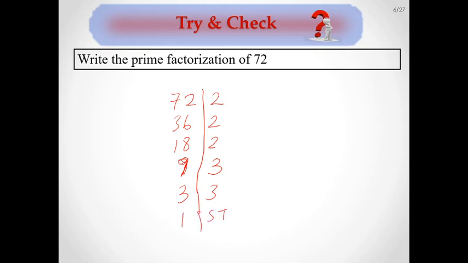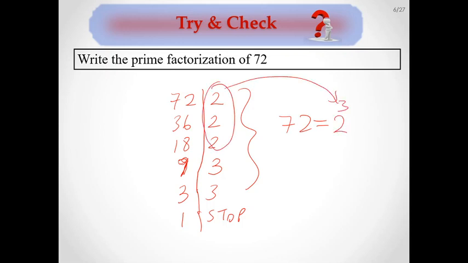So when we get 1, we stop. So these will give us the prime factorization of 72, which is 2 cubed times 3 squared. Here we have 3 of the 2s, so we write 2 cubed, and here 3 squared.